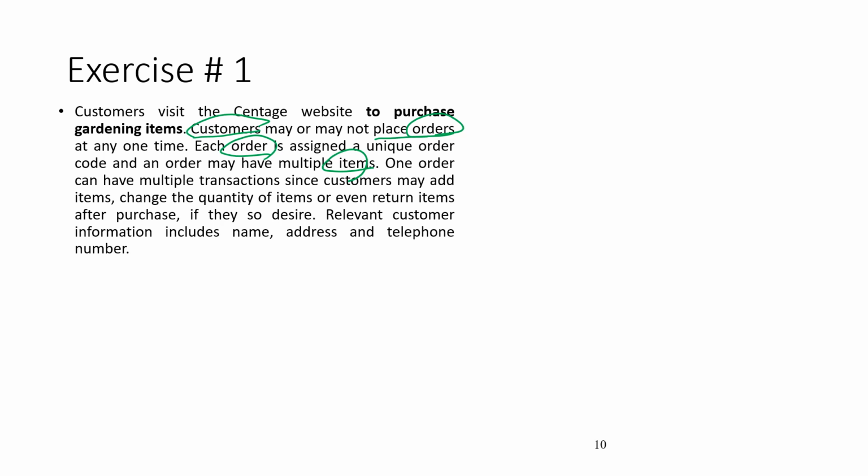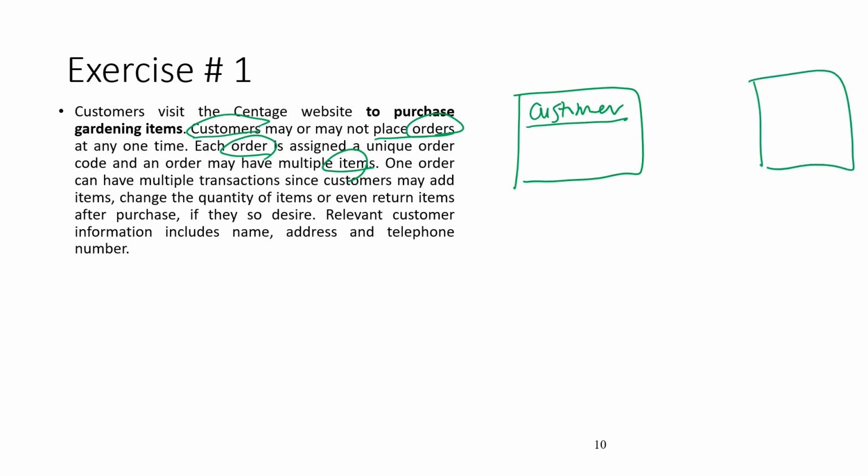So here maybe this is the conceptual ERD. We have customer, then we have order. And what is their relationship? Place.